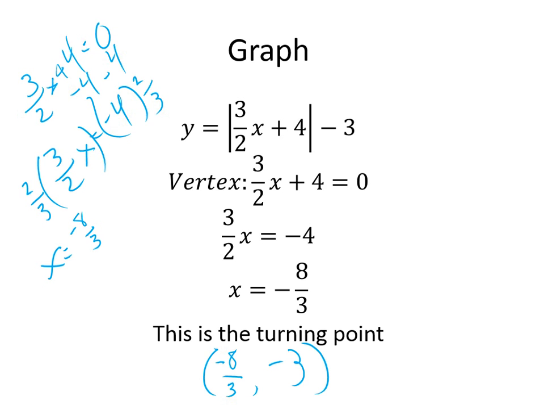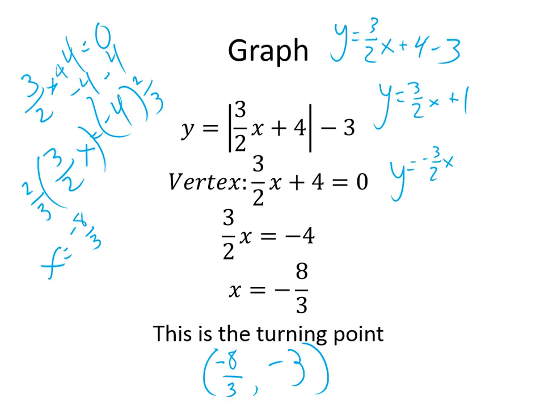Its two equations would be, we take the original, so y equals 3 over 2 x plus 4 minus 3, solve it all the way through, 3 over 2 x plus 1. And then the second one will be minus 3 over 2 x minus 4 minus 3, which would be minus 7, negative 3 over 2 x minus 7 is equal to y.